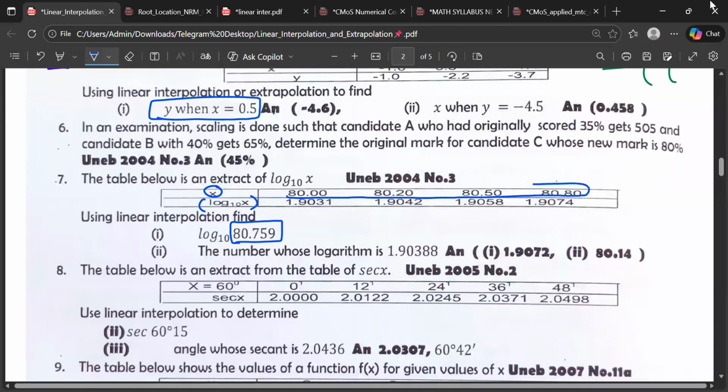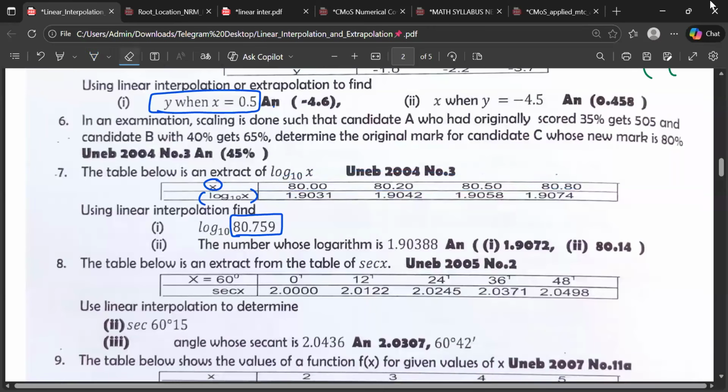That means the question wants the value of x, because it's asking for the number, and x is the number.